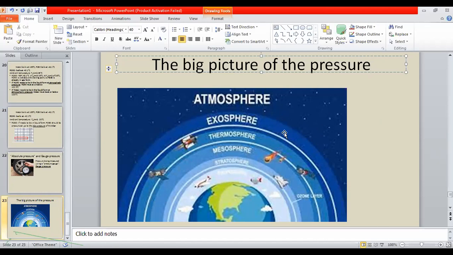The weight of that is equivalent to the height of a water column, 32 feet. So reasonably high pressure.